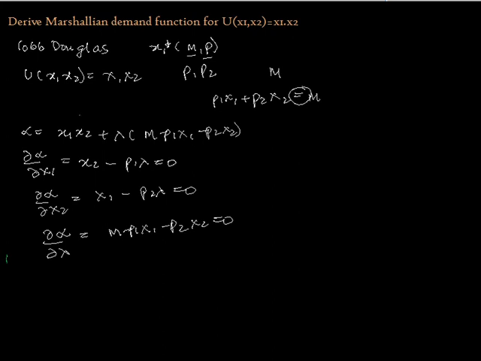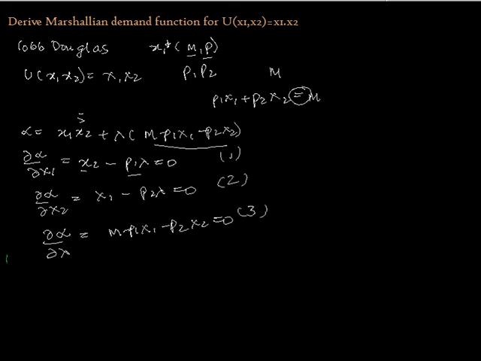Suppose x2 is 5, then the derivative of 5x1 would be just 5, a constant, and similarly here. So you have differentiated with respect to x1, and this is what you have got. I hope this is clear to you. Let's number these equations 1, 2, 3.